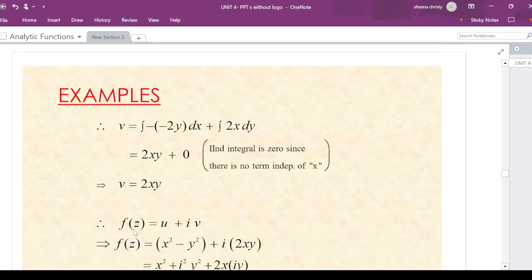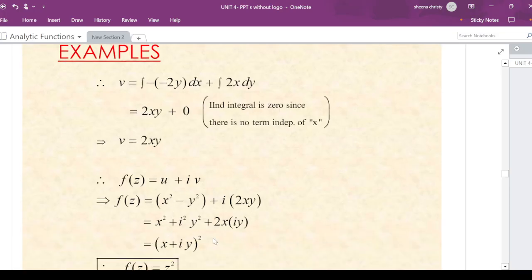Now to construct an analytic function f of z, we just write down the value of u and the value of v, then you can combine them. So here x square minus y square plus i times 2xy. Here minus y square can also be written as i square into y square, because i square we know is equal to minus 1.